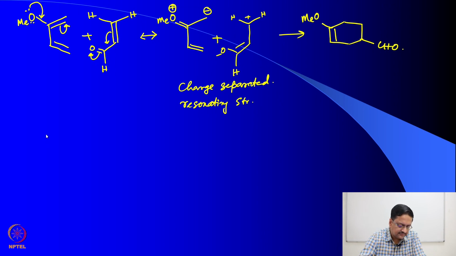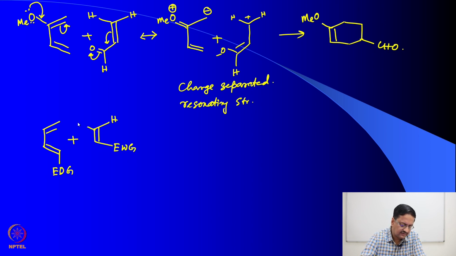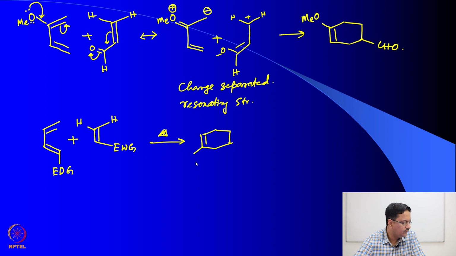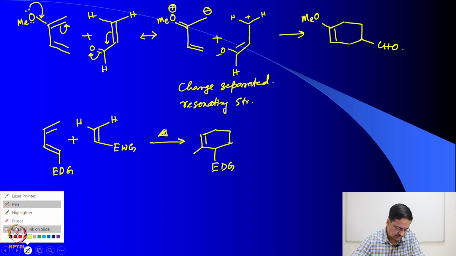On the other hand, in case of a different combination of the diene and dienophile, when the electron donating group is on the carbon number 1 and the electron withdrawing group is also present in the dienophile, then on heating what you would get is the 1,2 product, not the other one.